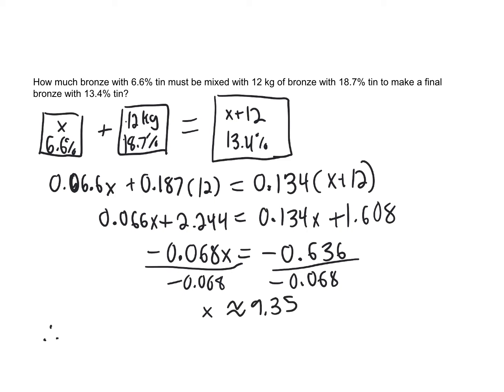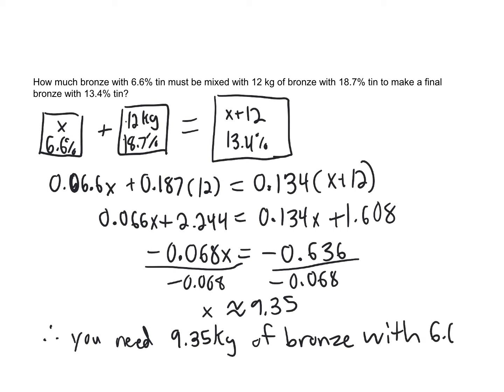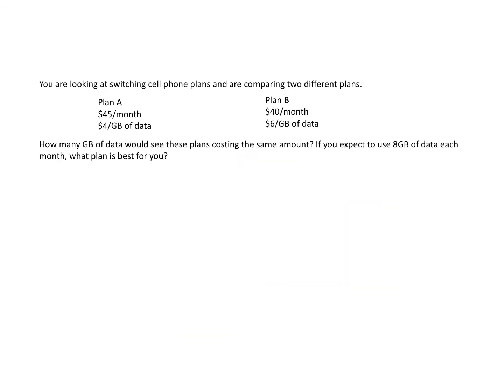So therefore, you need to add 9.35 kilograms of bronze with 6.6% tin.